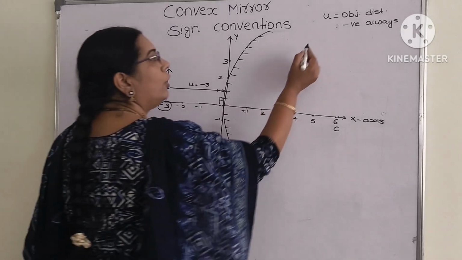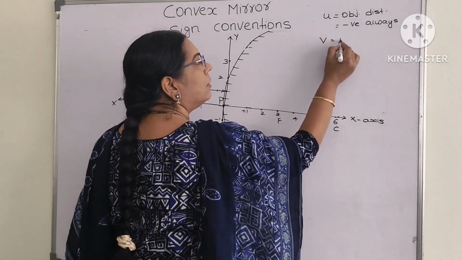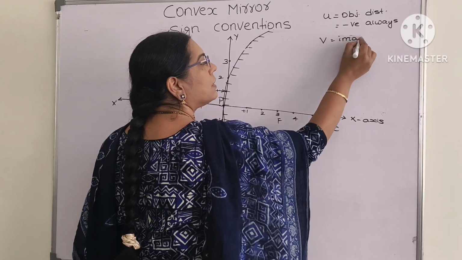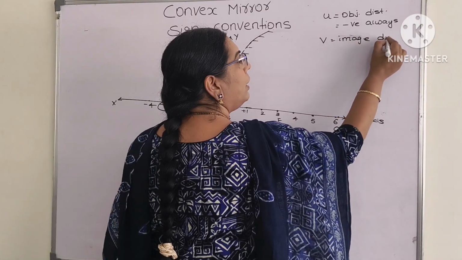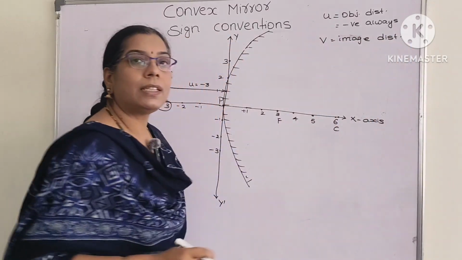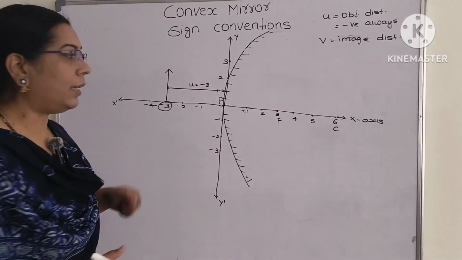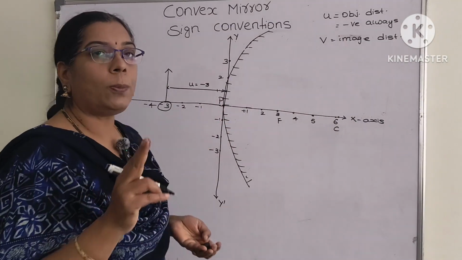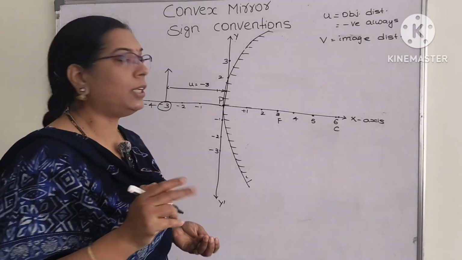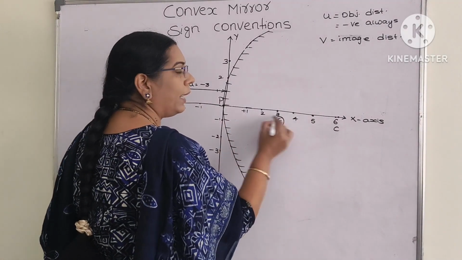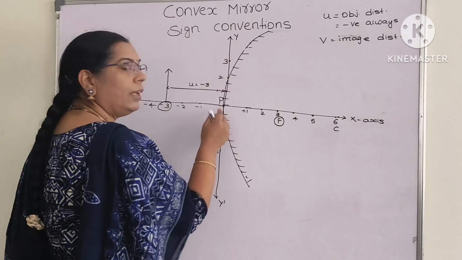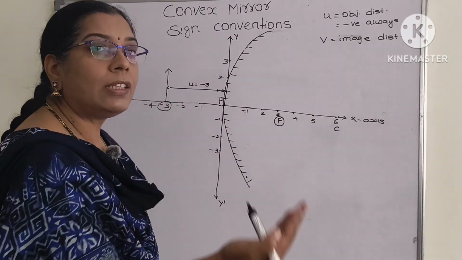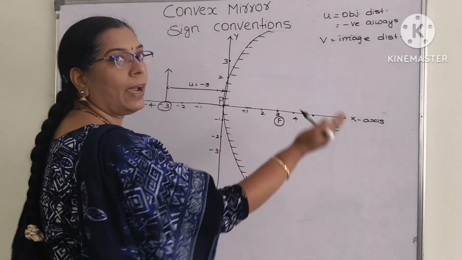Now, let us come to image distance. V is called image distance, defined as the distance from the image to the mirror. And you know, children, for a convex mirror there are only two possibilities of image formation. The image will either form at F or in between F and P. So where is the image forming? Behind the mirror.